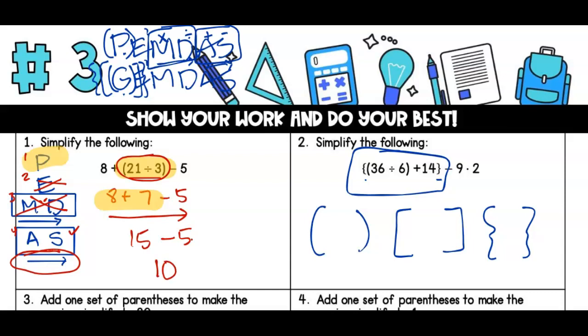So that would be our solution to that expression. If we turn this into an equation, we could say equals 10. But if we're going to simplify this expression, we would simplify this to 10. What all of this means is a value of 10.